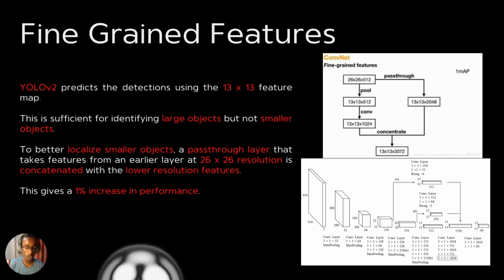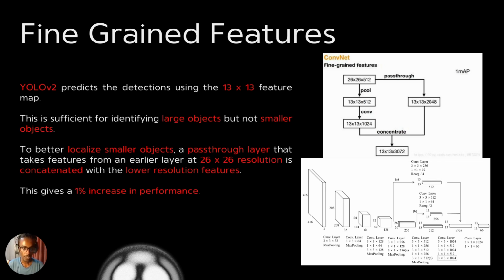On the original YOLO V1, we used a 7x7 feature map, but here we're going to use a 13x13 feature map. This is sufficient for identifying large objects, but not smaller objects, because it's not large enough. It's going to identify large objects because their resolution is small, but it's not going to identify smaller objects.